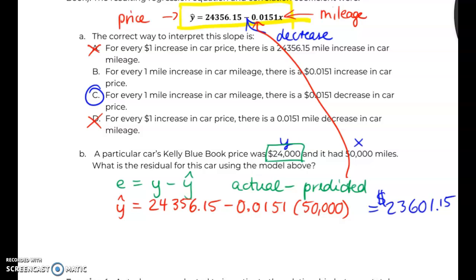Now we're calculating the residual, which is again our actual value, which was $24,000, minus the predicted value of 23,601.15, again in dollars, and the difference of those two values is $398.85.